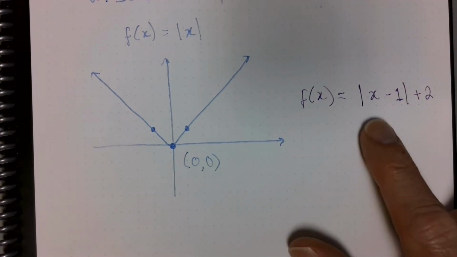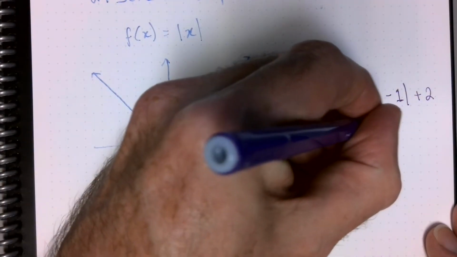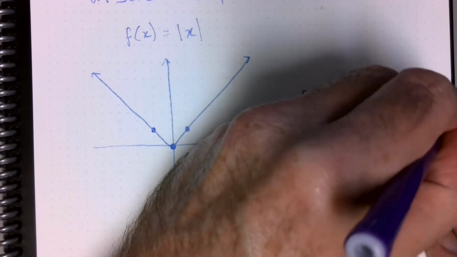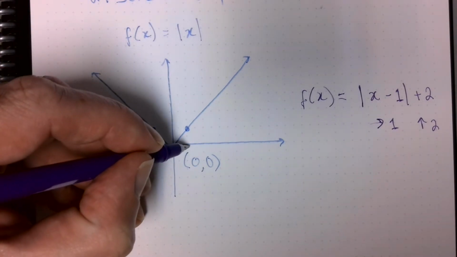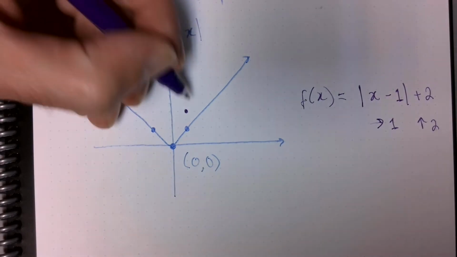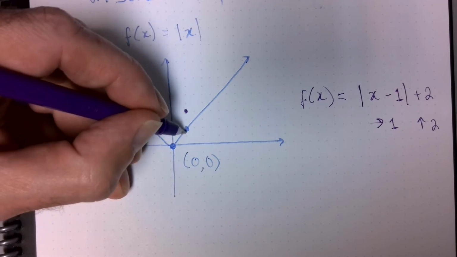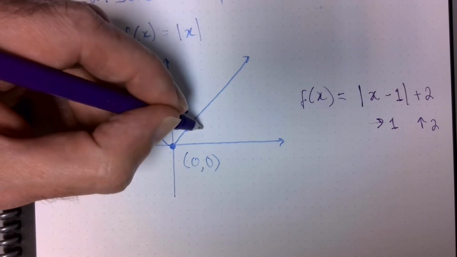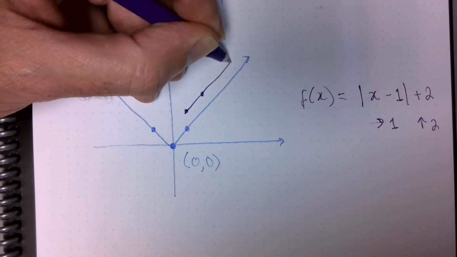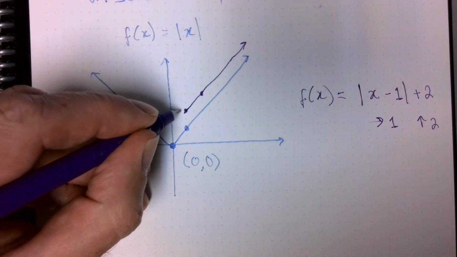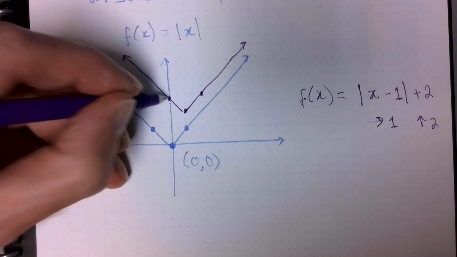Okay, and this is something we've already discussed, but I've replaced x with x minus 1, so that is going to be a shift right 1 unit, and over here that's going to be a shift up. So I can move my anchor points, go right 1 unit, go 2 units up. And now, I'm moving 0, 0, 1 unit right, 2 units up. I'm moving 1, 1, 1 unit right, and 2 units up. Okay, so I very quickly get an accurate graph without a lot of work by moving my anchor points.